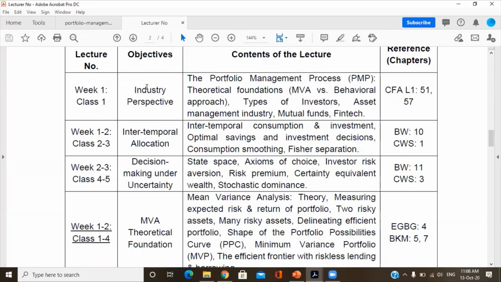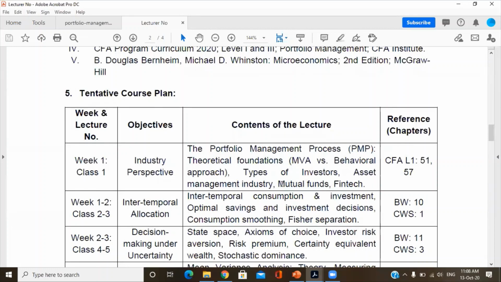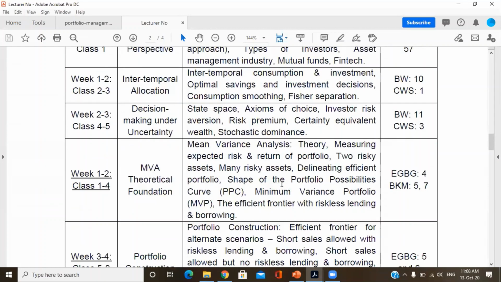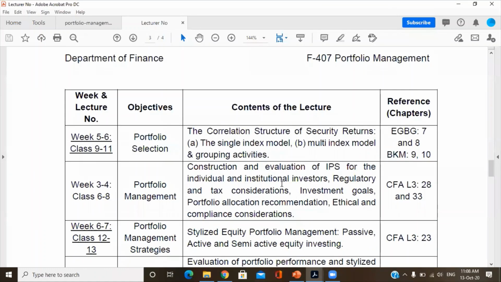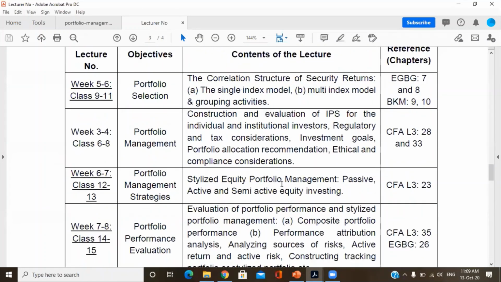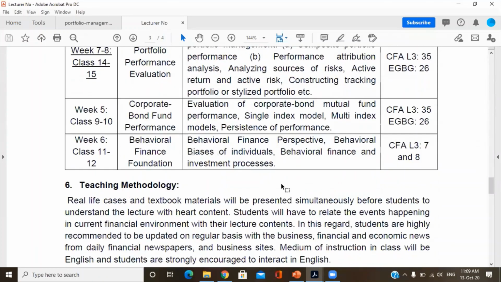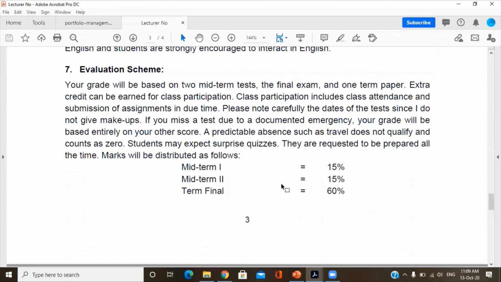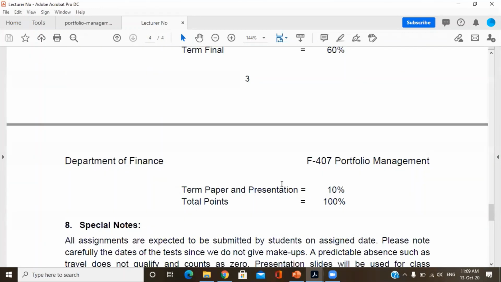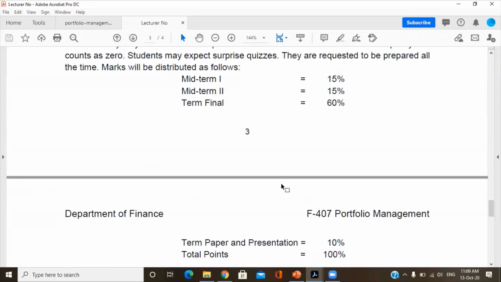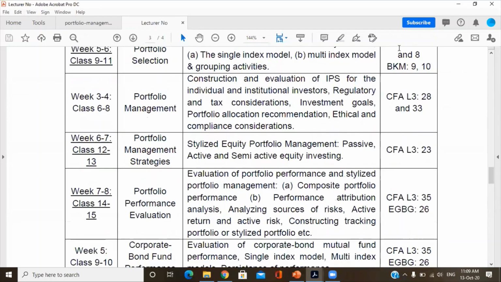Your focus should be on the objectives, the contents, and the references from where we will cover the contents. You will get the idea if you go through it. The teaching methodology, evaluation scheme, and special notes are almost similar to the courses which you took with me in earlier semesters. So the rules are almost similar. So this is about the course outline.